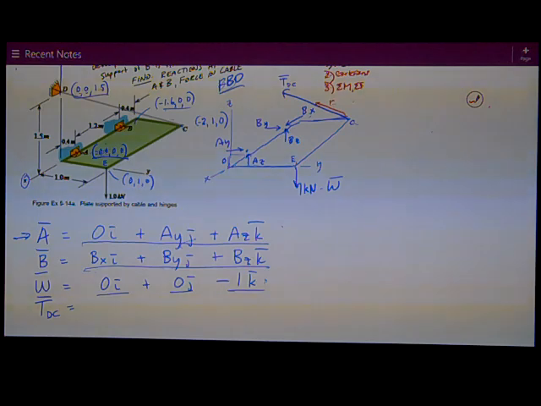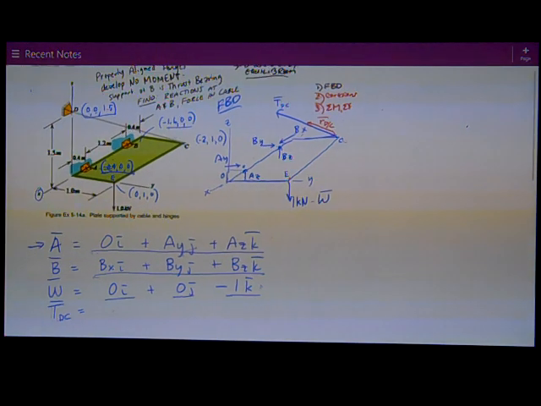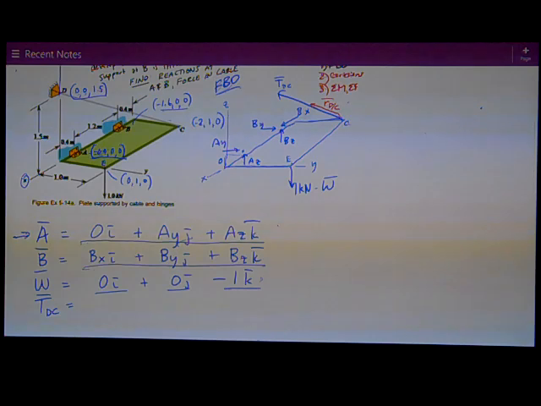We would call it R D over C in our normal nomenclature. And so let's do the calculations up here, and then I'll transfer them down there. So TDC is based on RDC. Well, RDC is tip minus tail. The tip is at D, tail is at C.